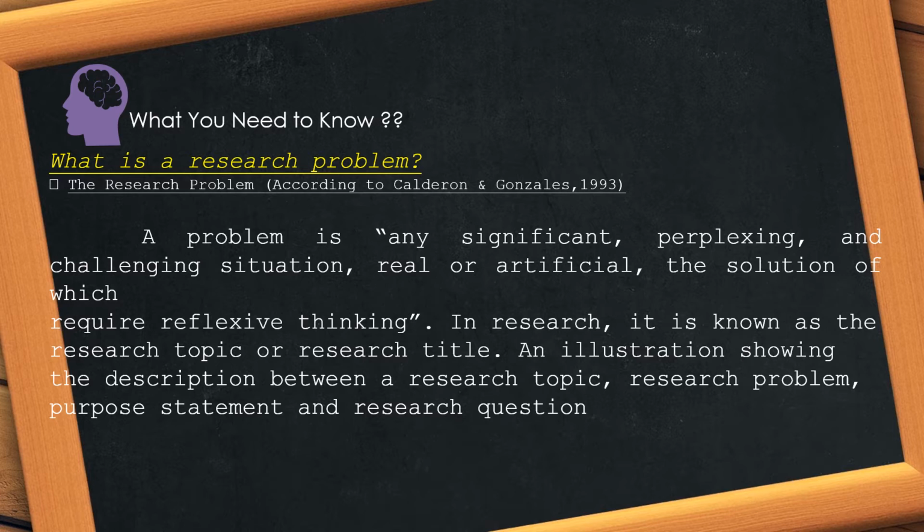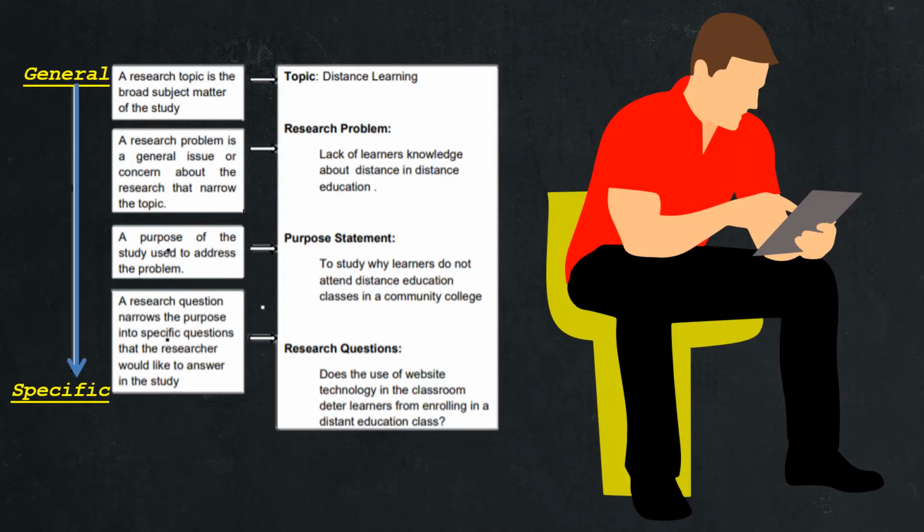An illustration showing the difference between a research topic, research problem, purpose statement, and research question. As what we have here, in general, a research topic is the broad subject matter of the study. So the topic, for example, is distance learning.